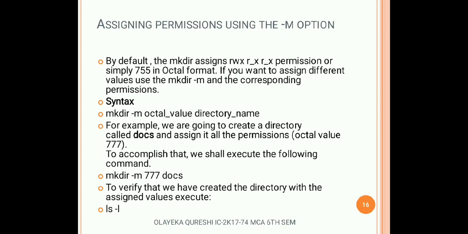The first group rwx has all the permissions. That means the directory or the file is readable, writeable and executable by the owner of the file. The second group r-x indicates the absence of write permission by the group owner of the file.